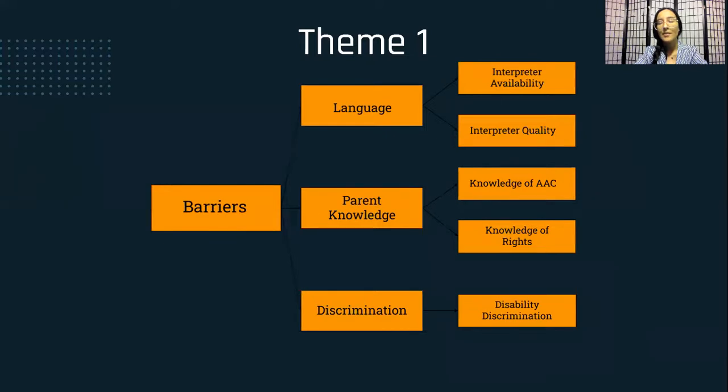So there were some workshops that were only available in English, and it was really difficult for her if she felt that the topic of the workshop was something relevant to her child, because it was difficult for her to understand. And then also in the school setting, she also mentioned how it was difficult to get an interpreter or find somebody who spoke Spanish, especially in regards to filling out important paperwork or signing important paperwork.